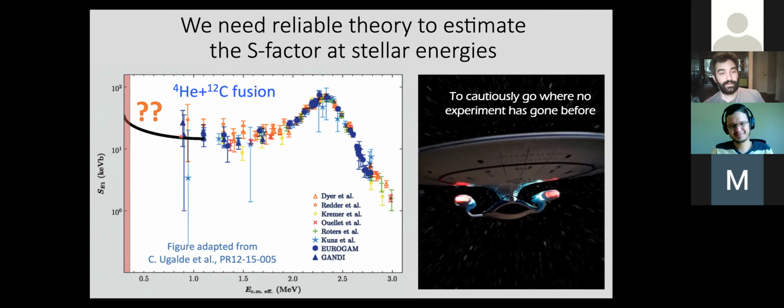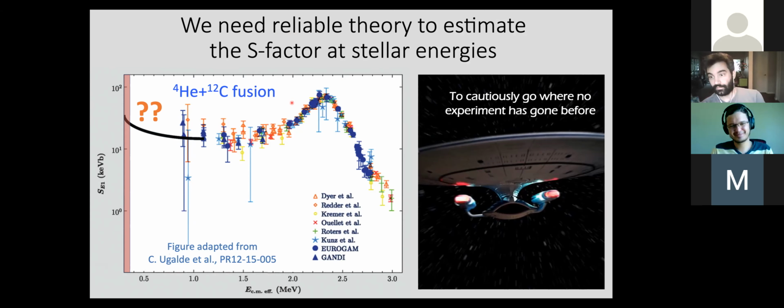And to make matters worse, you see that the error bars in the experimental data points are becoming bigger and bigger. So from a theorist's point of view, it is questionable what the use is of having a point that has such a large error bar if you're going to be fitting the S factor to it. It doesn't contain a lot of information. It will come with a very big denominator in the chi-square for the fit and so on.